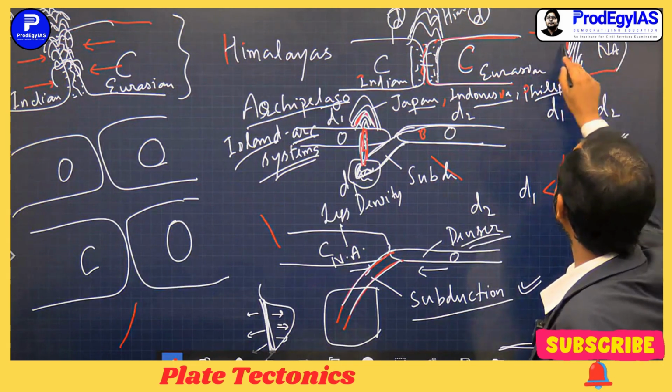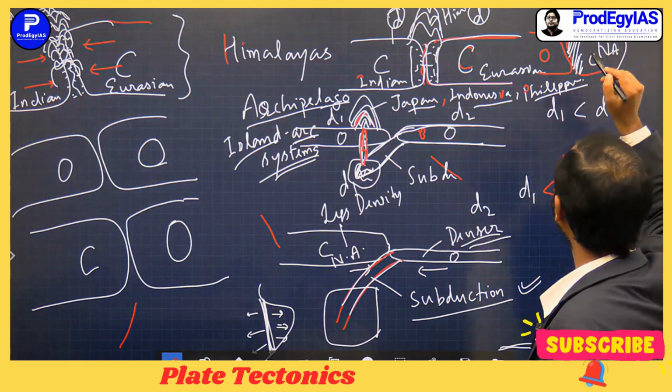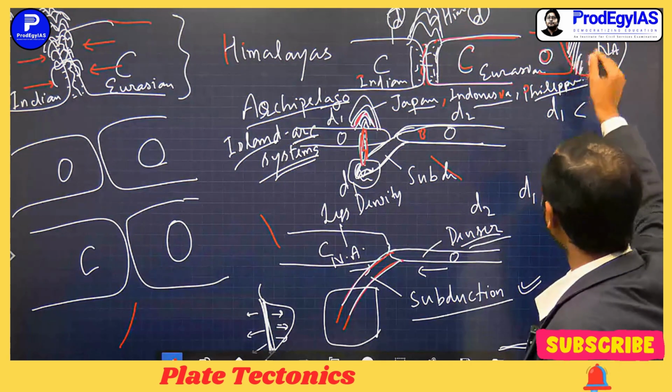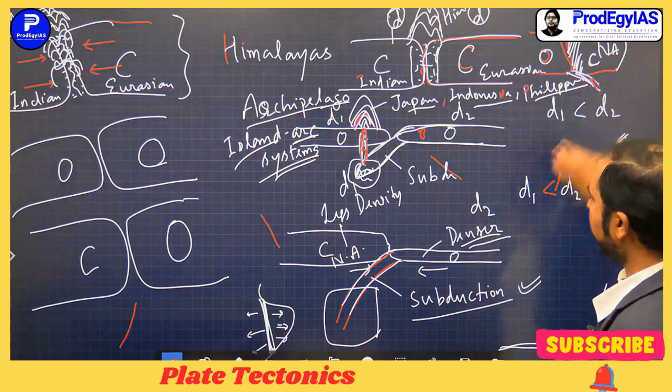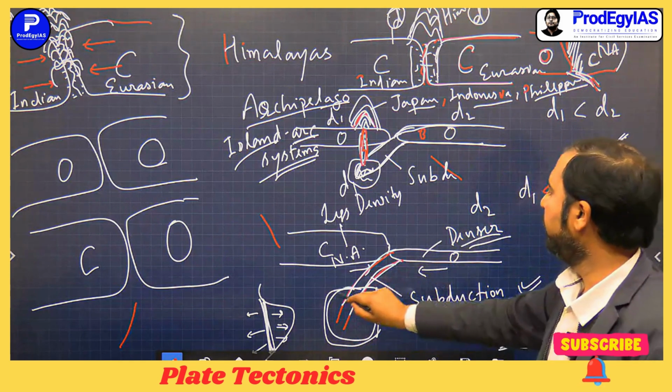And here is the Pacific plate. It is an oceanic plate. This is the continental part. So when the oceanic plate and continental plate are colliding, the oceanic plate will go downwards, and with this subduction, the plate will melt.